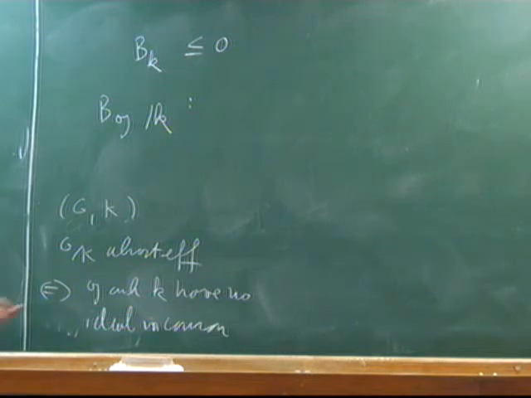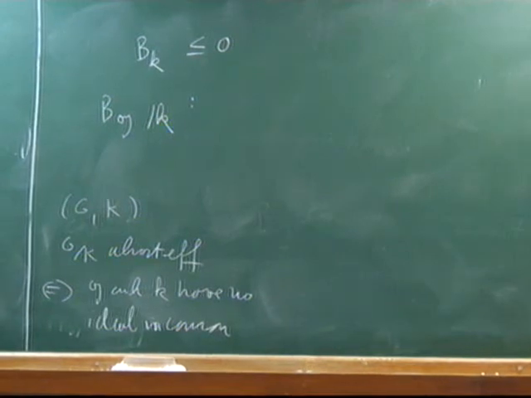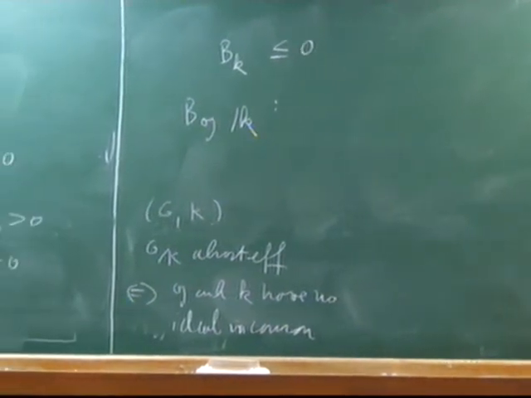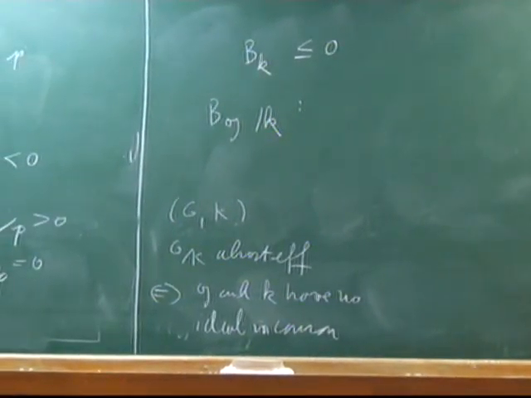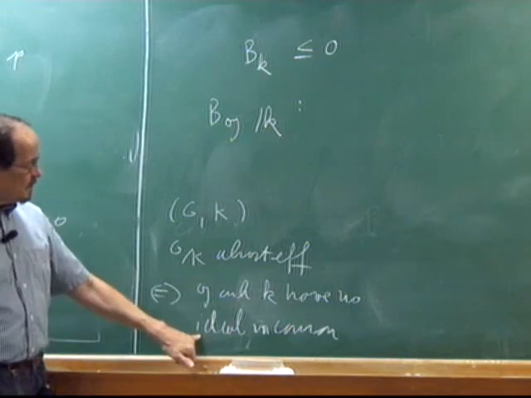Even worse than that, they're not allowed to have an ideal in common. G is the big one, K is a stabilizer, P is a complement, the tangent space. And effectiveness has to do with whether G and K have an ideal in common.